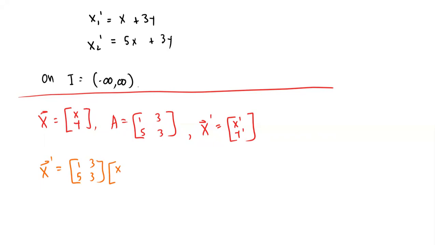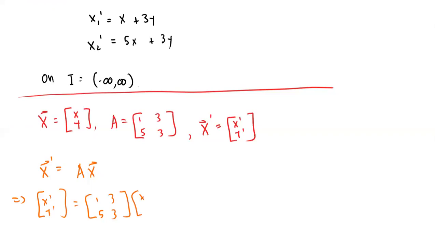So x prime equals Ax, which is the same as saying the vector x prime, y prime equals the matrix 1, 3, 5, 3 times the vector x, y.